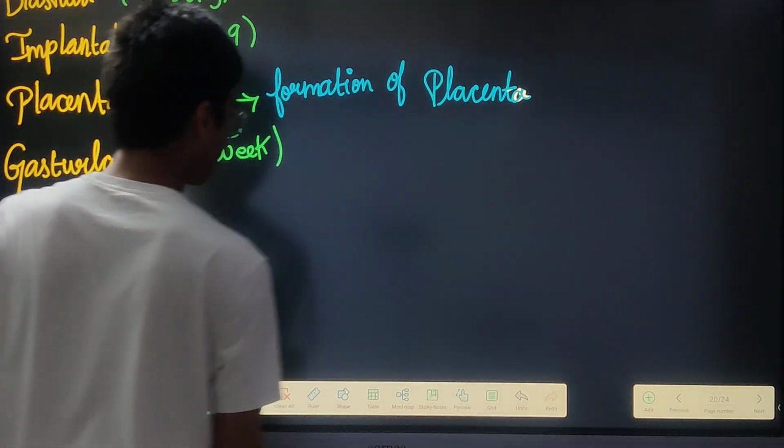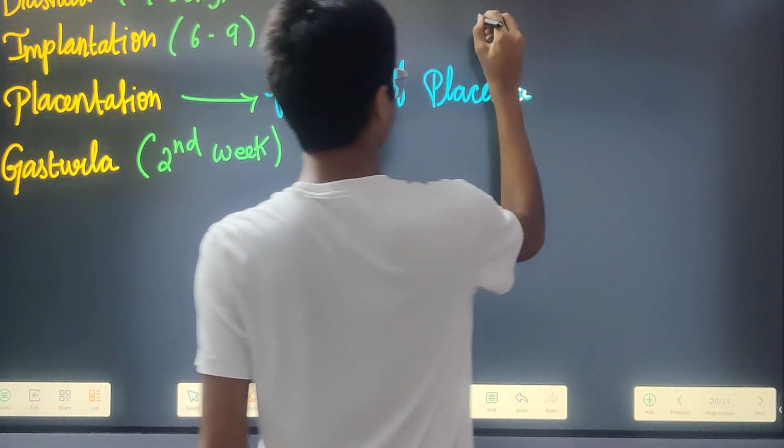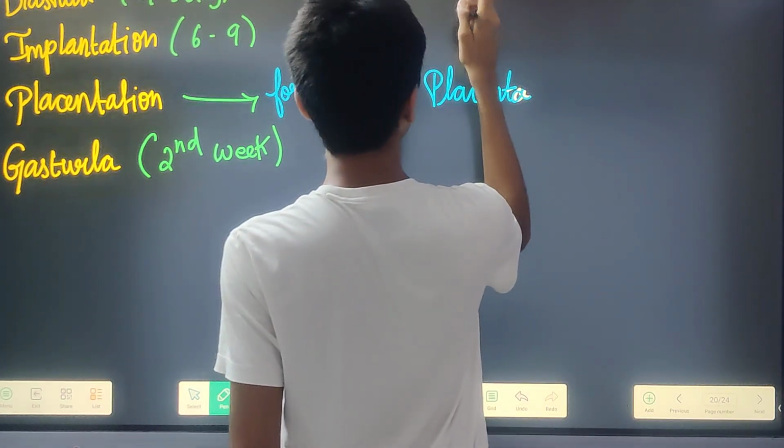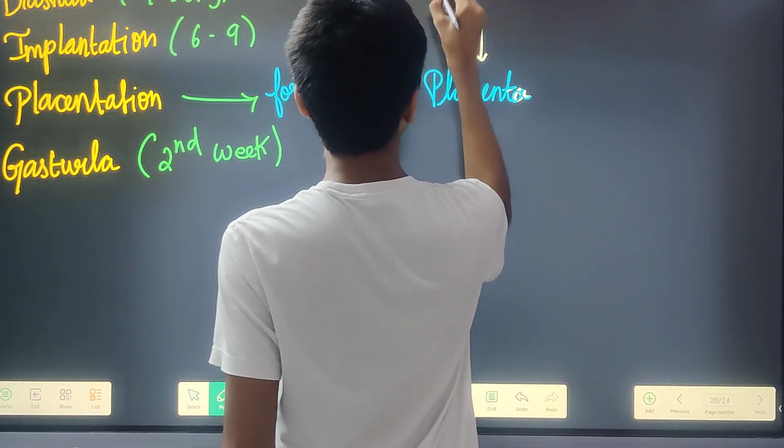Okay, so placenta. As I said, this placenta will be formed by the hormones. One vital hormone is progesterone.